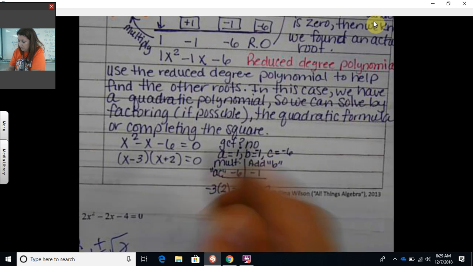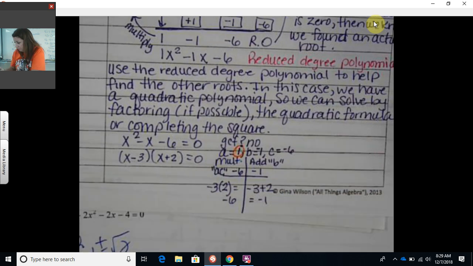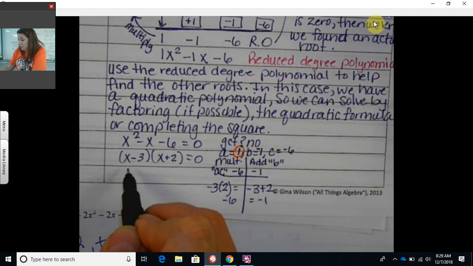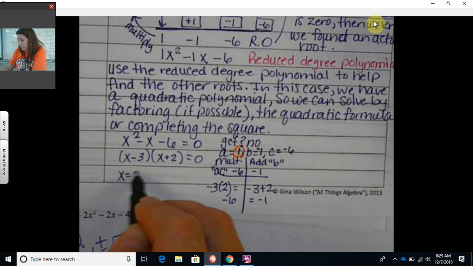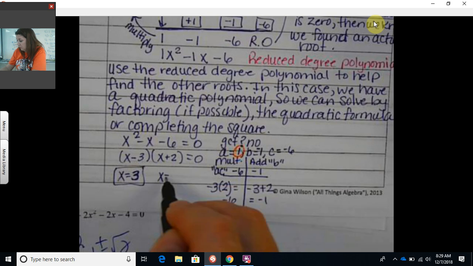Is it necessary to divide and slide on this problem? No. So we know 2 degrees is going to give us how many solutions? 2 solutions, right? So if I set x minus 3 equal to 0, what does x equal? 3. There's one solution. If I set x plus 2 equal to 0, what does x equal? -2.